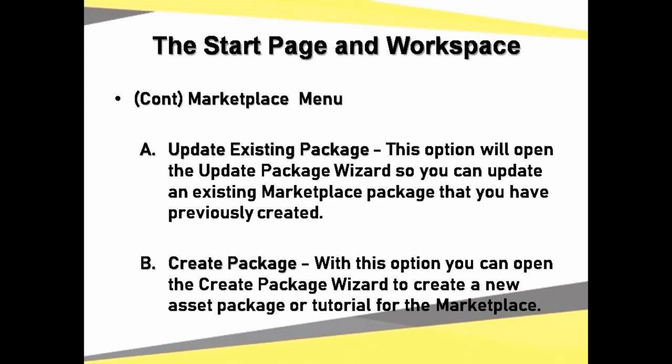Okay, so what is that? This option will allow you to update the package that you have created, and you can also create your own package, or a tutorial, to post on the marketplace to be accessed by everyone in the community. So, update package if, let's say, there are certain changes to a package that you have in your library.